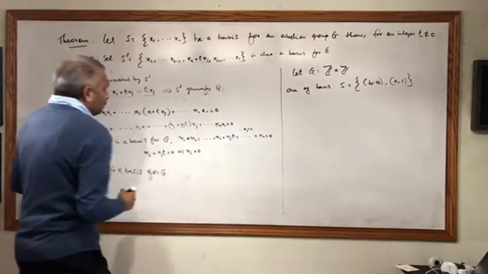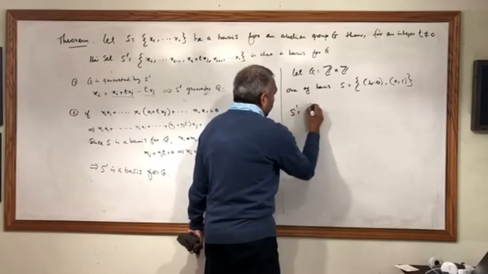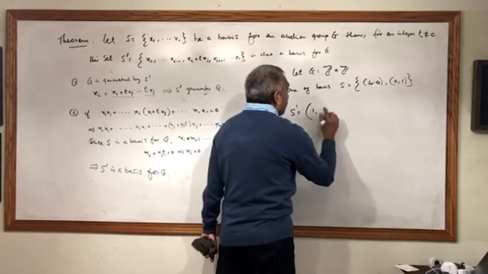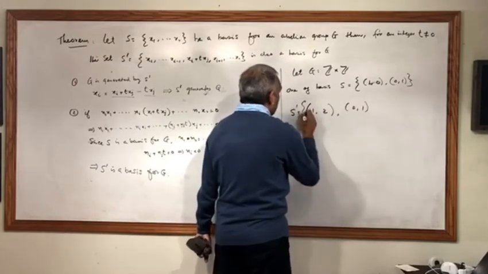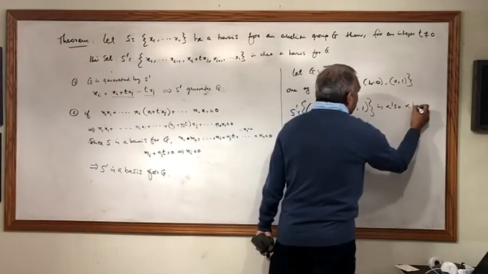So with this, S prime equal to 1 comma 1, or even 2 comma 0, 0 comma 1 is also a basis.